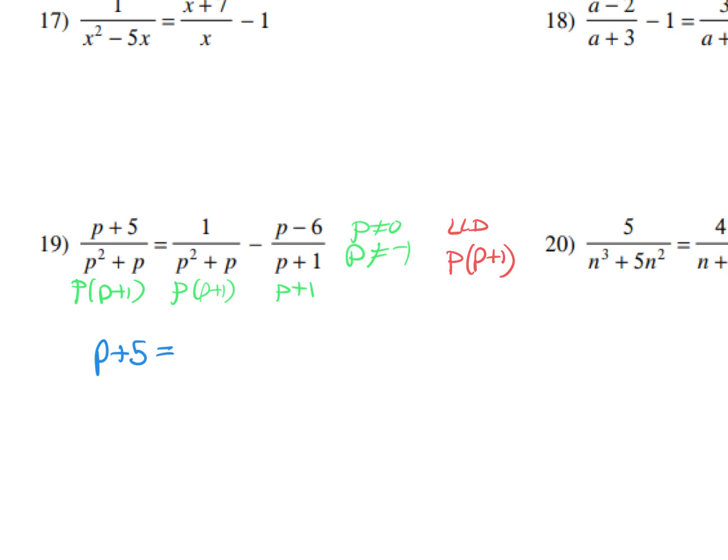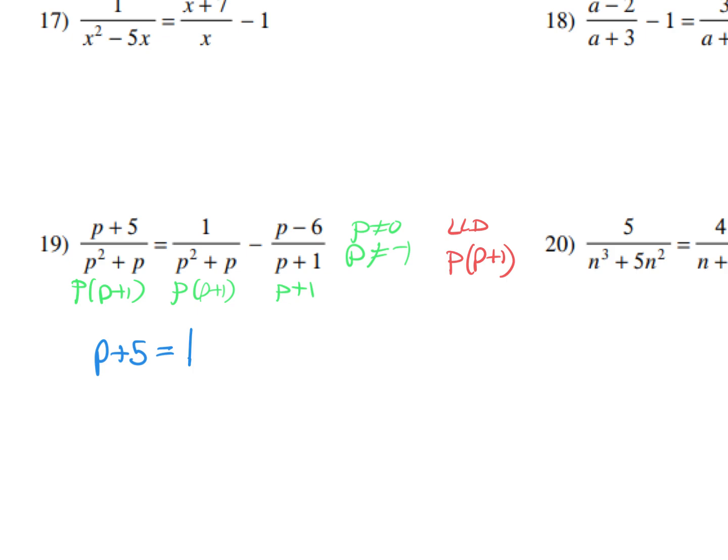If I move on, I would see that if I look at this fraction here and look at the denominator, it also contains a p and a p plus 1. And that would cancel out and leave me with just a 1. Looking at the next part, I can see that it has a p plus 1, so those would cancel out, but I need to multiply both the numerator and the denominator by a p.